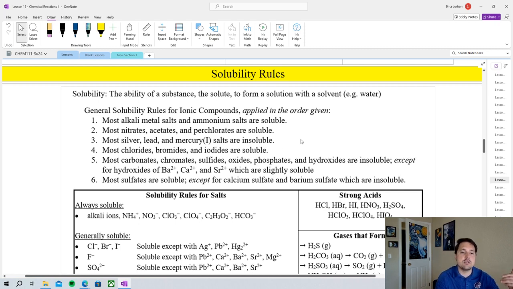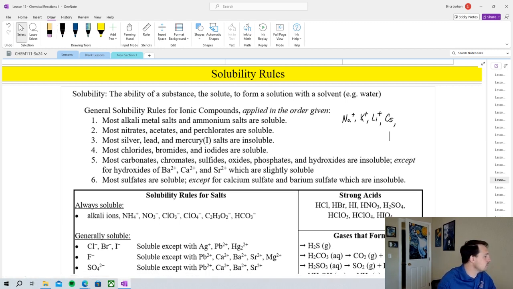So when we apply these general solubility rules for ionic compounds, we'll start with the first rule, that most alkali metal salts and ammonium salts are soluble. So if I have any salt that has sodium, potassium, lithium, cesium, and I'm forgetting one. Let's look up our periodic table real quick.